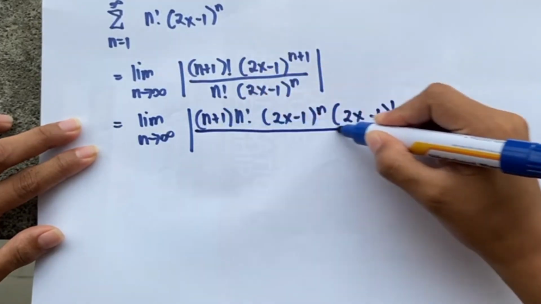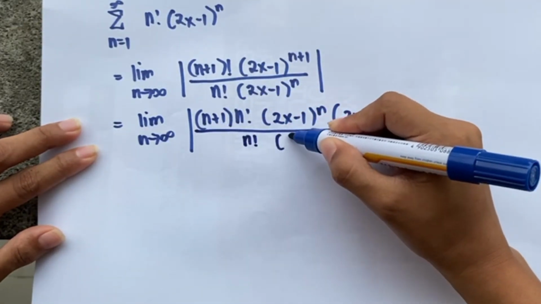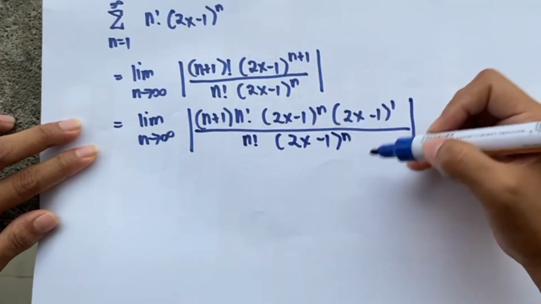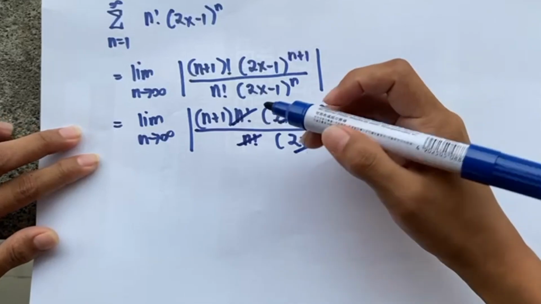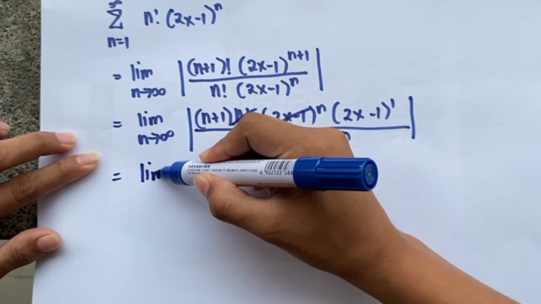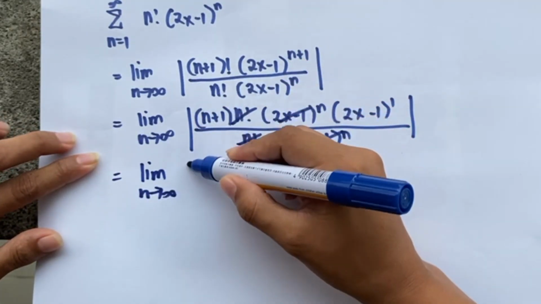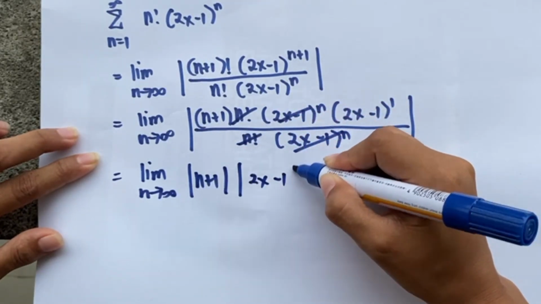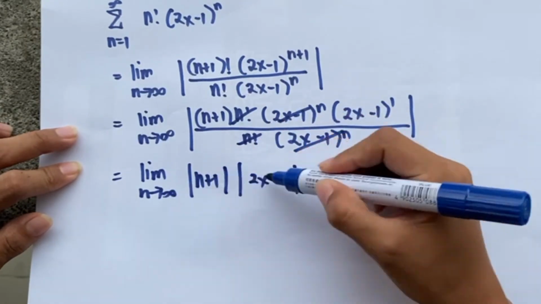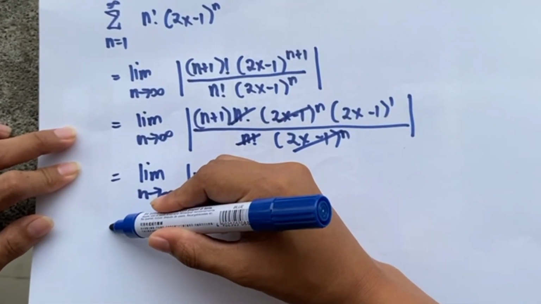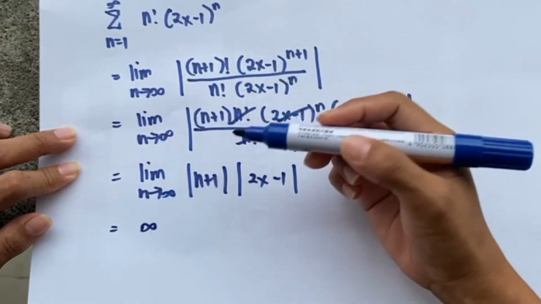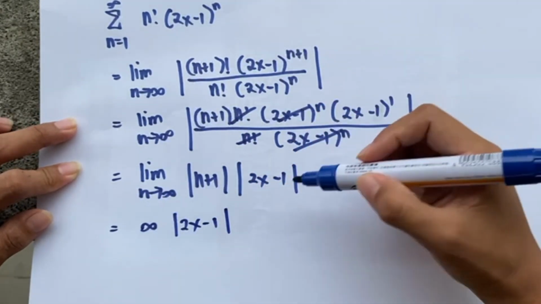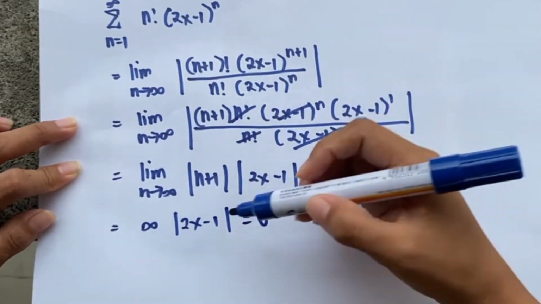Then just simplify, cancel out the n factorial and 2x minus 1 raised to n. Then limit as n approaches infinity of n plus 1 times 2x minus 1. When n is plugged to infinity, it results in infinity. So the limit is 0 only if 2x minus 1 is 0.